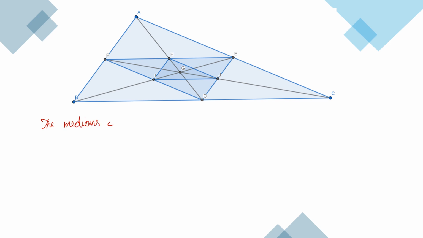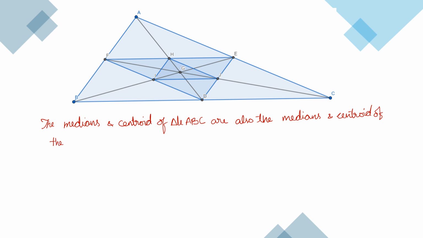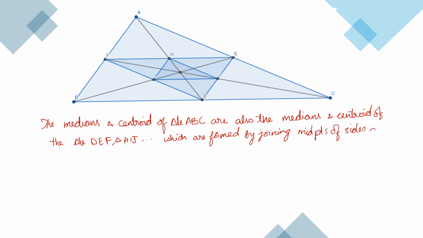Okay. So, the medians and centroid of triangle ABC are also the medians and centroid of the triangle DEF, and by induction they are also the medians and centroid of the triangle HIJ and so on, which are formed by joining midpoints of sides of triangle ABC.